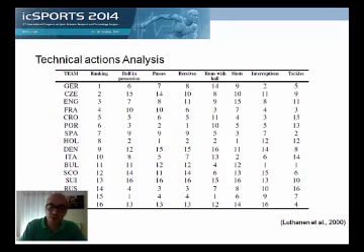Also, there is a lot of information about technical actions. Today, we have online all the information about the best championships in Europe that can be used to understand the game, to characterize the best teams, or to understand the evolution of the game. For example, in this table, you can see the comparison of national teams between the European Soccer Tournament in '96 and 2000.